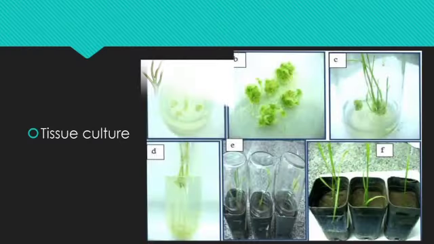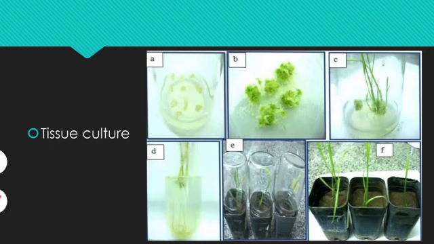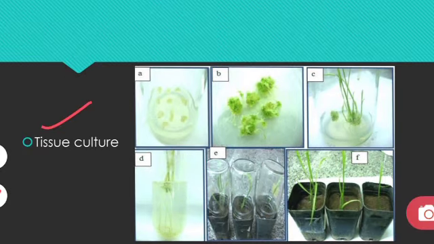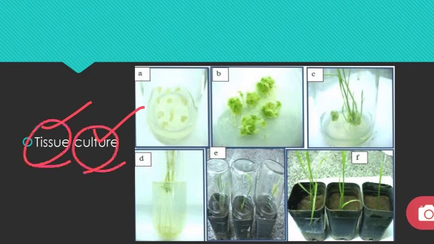Next process is tissue culture. Now the name tissue culture consists of two words, that is tissue and culture. Tissue means a group of cells, culture means growing. So here the plants grow with the help of tissue.